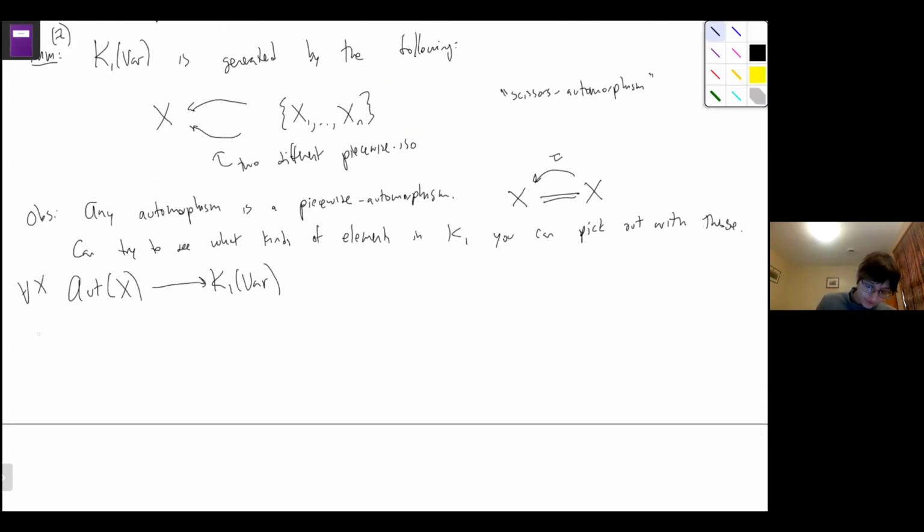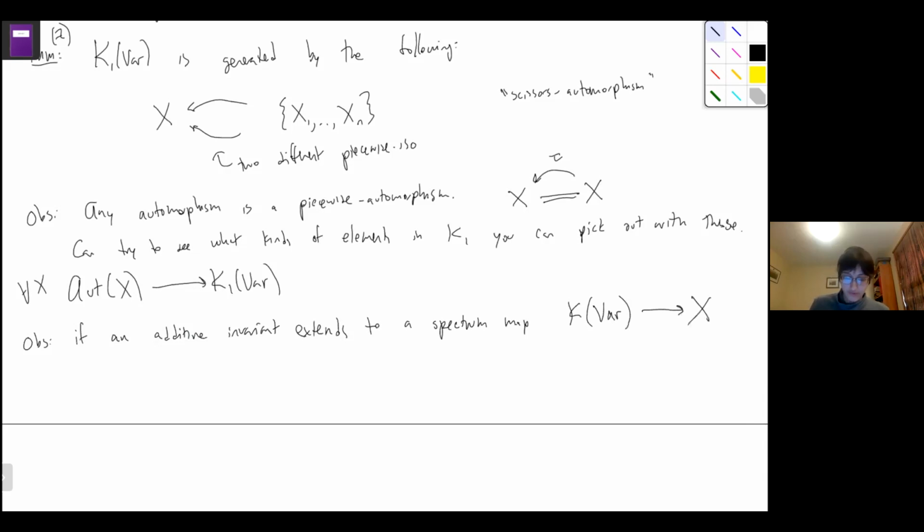But you can also do the following. If an additive invariant extends to a spectrum, so if instead of mapping from just K0 to some abelian group, we map from K to some spectrum, X, I shouldn't call it X because I've been calling varieties X. What are spectra called other than X?